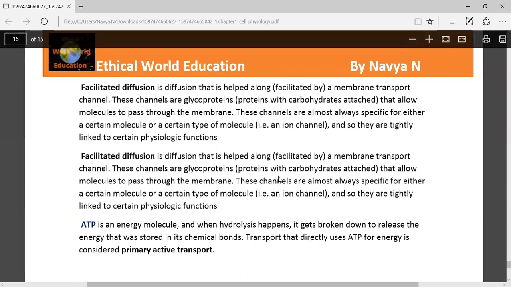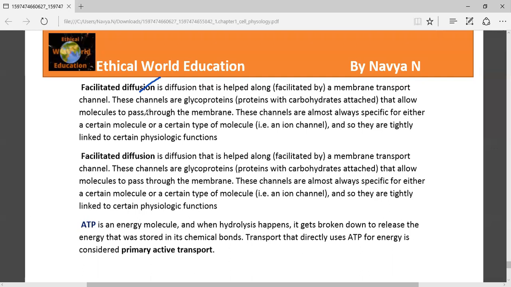We also have facilitated diffusion. Facilitated diffusion is diffusion that is helped along by membrane transport channels. These channels are glycoproteins, that is, proteins with carbohydrates attached. They allow the molecules to pass through the membrane.